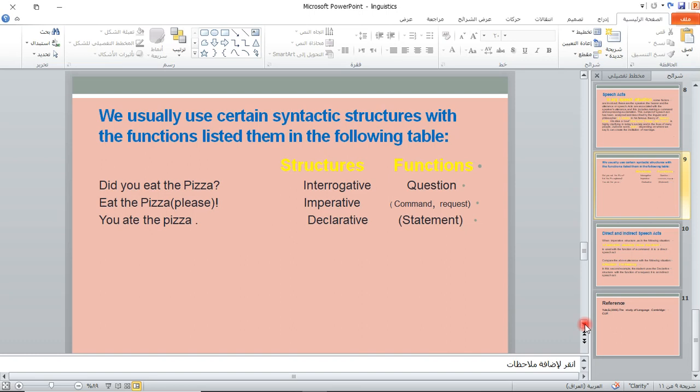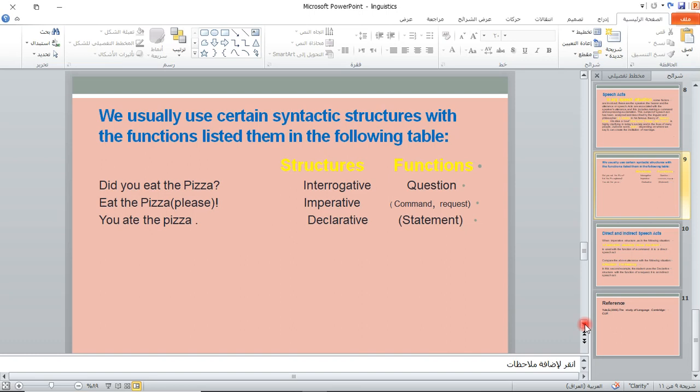Here we use the interrogative to express a question. "Eat the pizza, please." We use the imperative to express a command. "You ate the pizza." We use a declarative sentence to express a statement, الشيء الخبري.